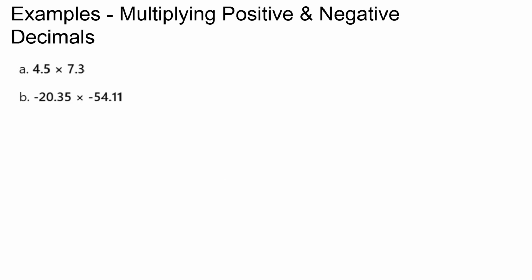Now here's what I'm talking about. We will now be having our examples. But first, we need to have our example when it comes to multiplying positive and negative decimals. Oh, what happened to my pen? It's moving on its own.